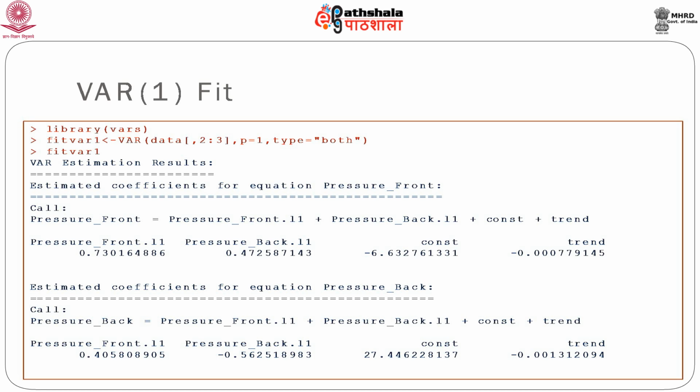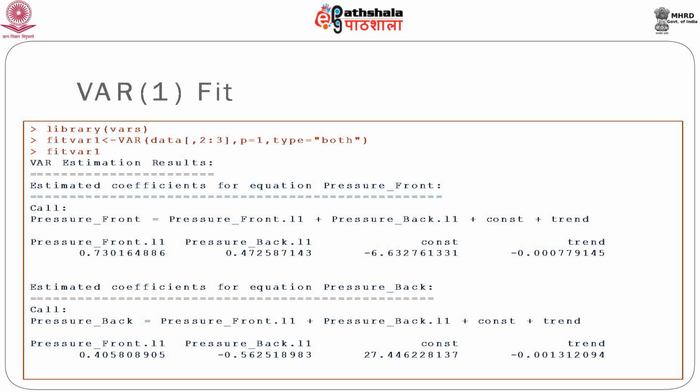For that you have to install the package called vars, all lowercase. If it's available, then you just load the library vars, and there is a function called VAR, as you know, V for vector, A for auto, R for regression. The VAR function can be used to generate the VAR fit results. So it's quite simple.